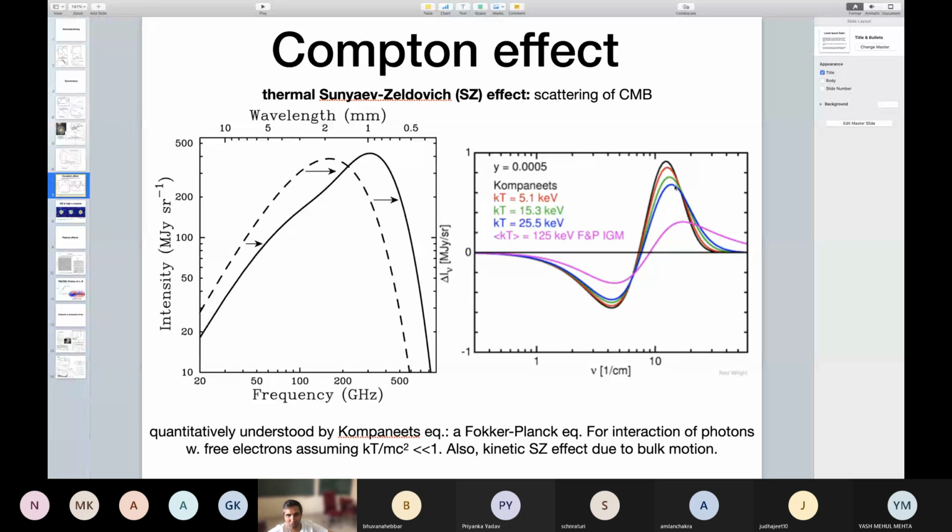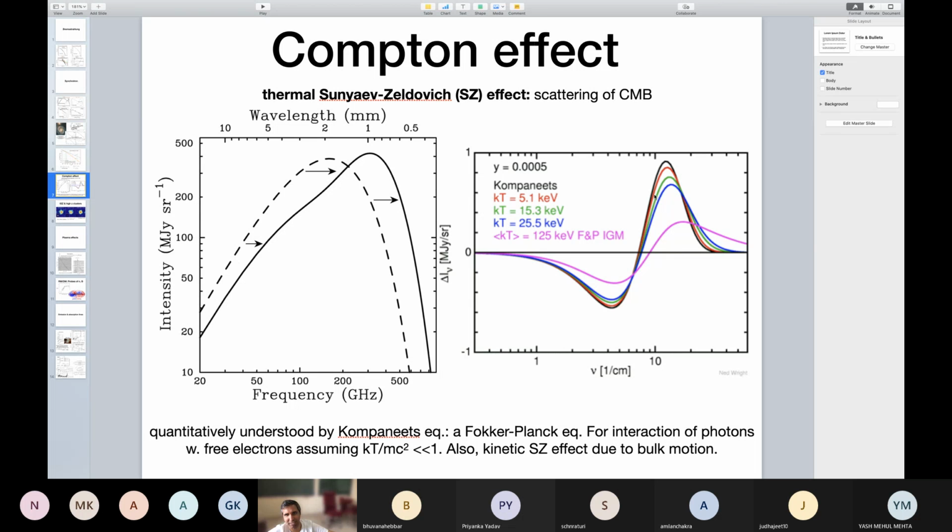Now the amplitude is lower for higher energies, and how much this changes from the CMB value depends on the optical depth of the cluster, because this y-axis will only depend on how many photons get scattered, whereas the shift will depend on kT.